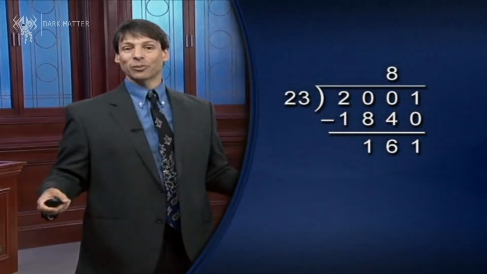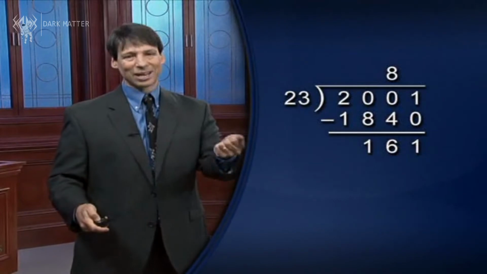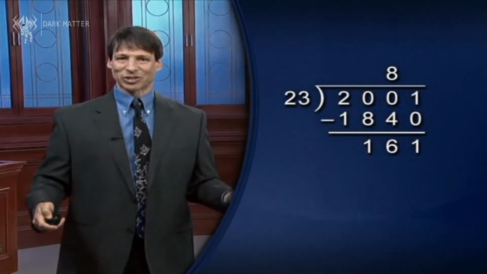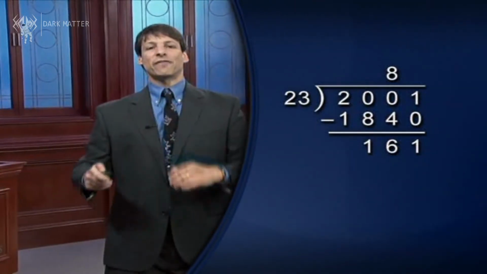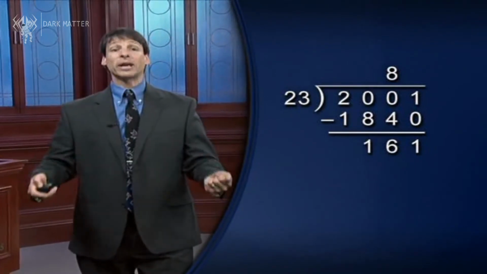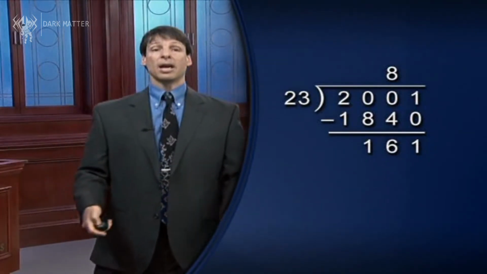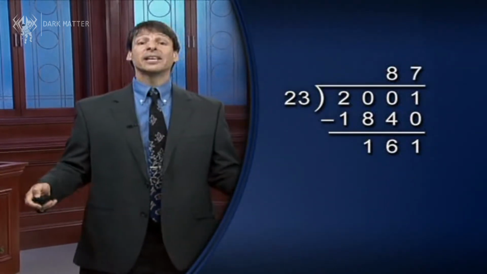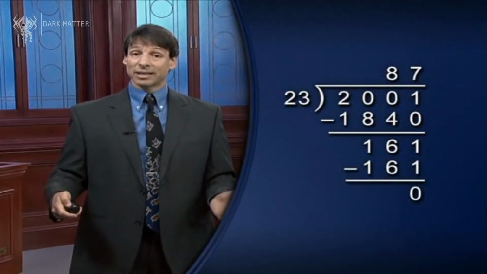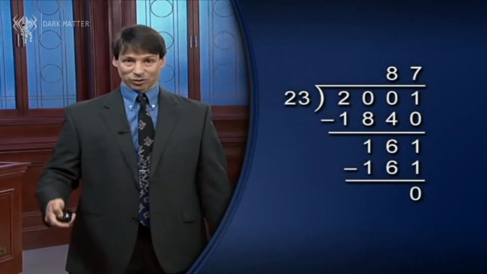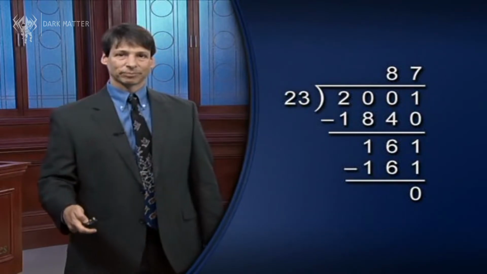So how far is it away from 2001? Just add 1 to it, 161. Okay, finally, we have to divide 23 into 161, but 23 times 7 is 161 exactly, so there's the rest of your answer, 87.